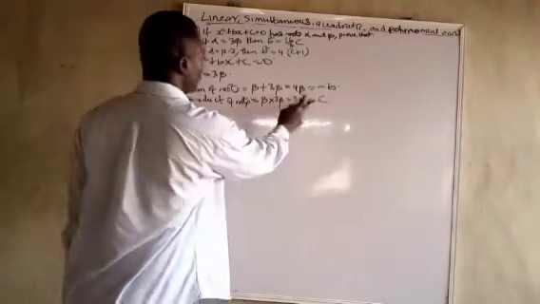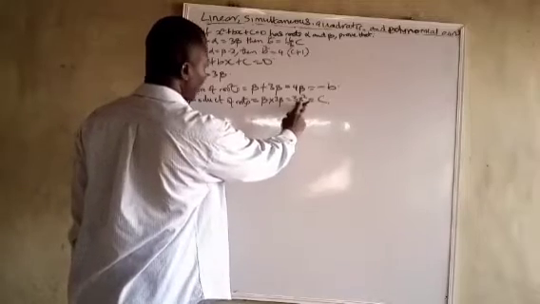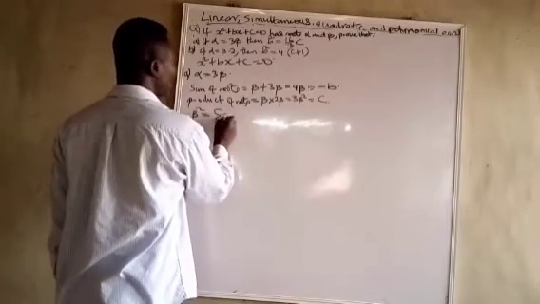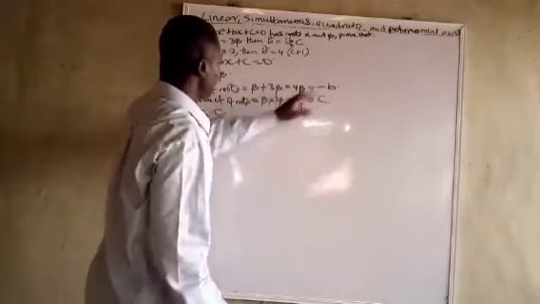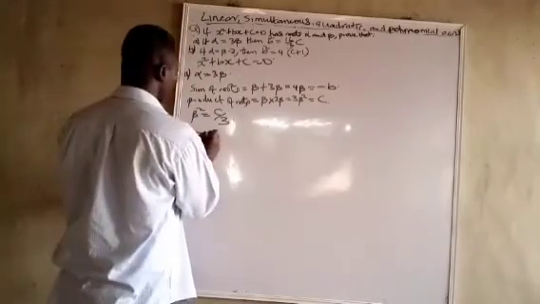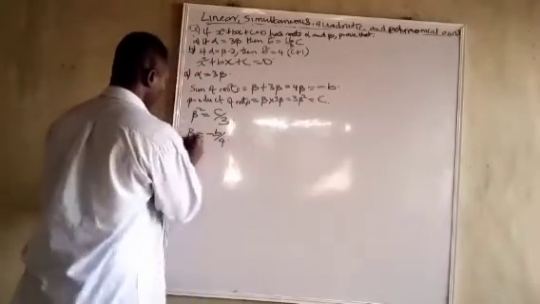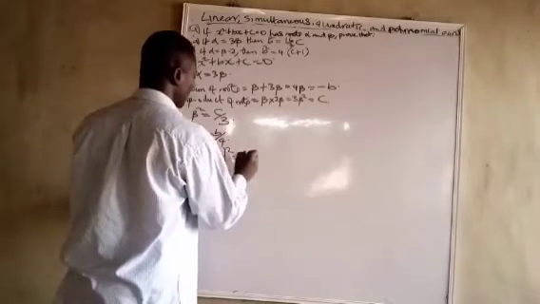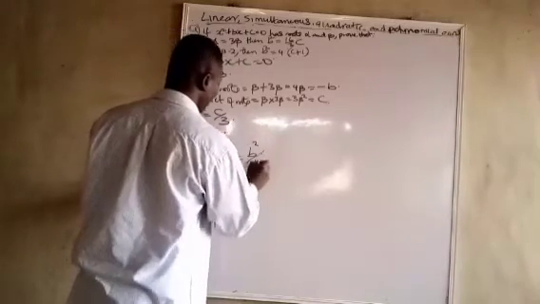Now, because we have a term in beta squared here, let's say beta squared is equal to c over 3. And here, beta is equal to minus b over 4. Beta squared is equal to minus b over 4 squared, which is b squared over 16.